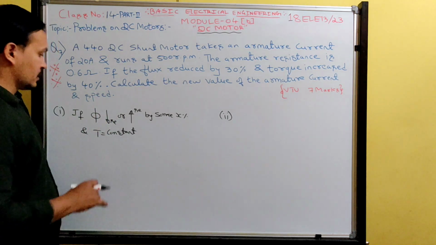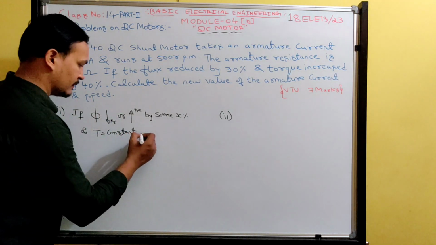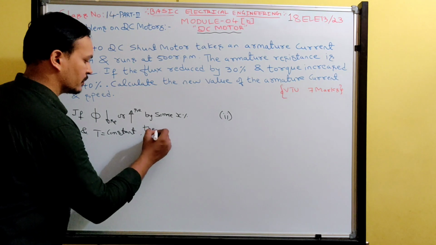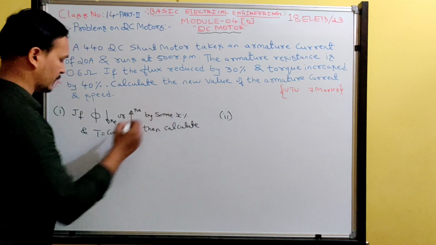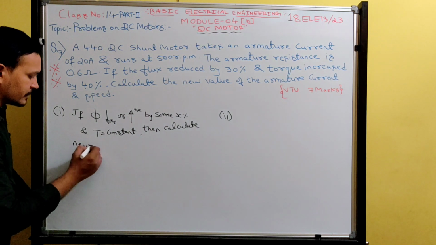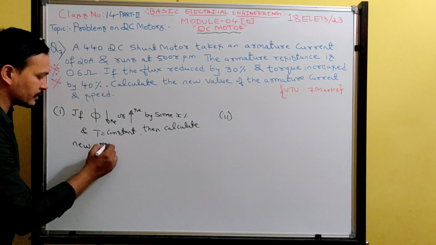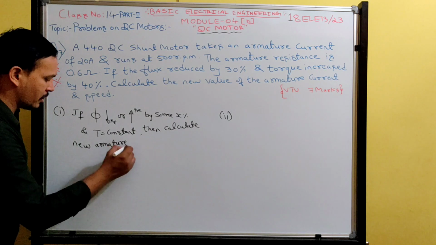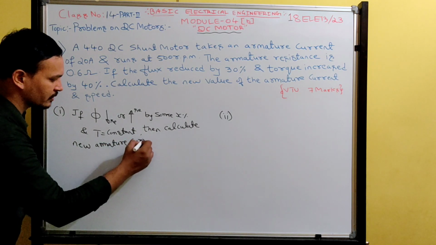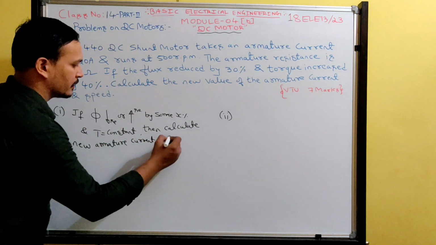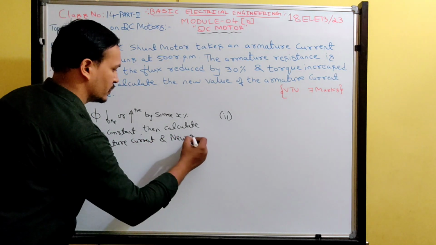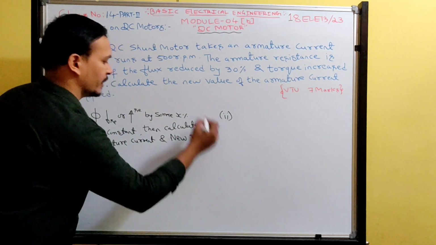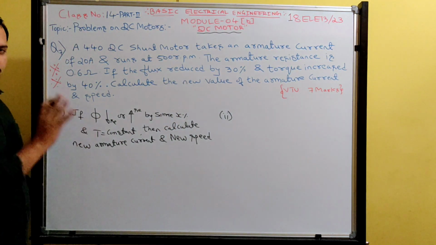Torque is constant, and they will ask to calculate the new armature current and the new speed. What will be the new speed? So this is the question.